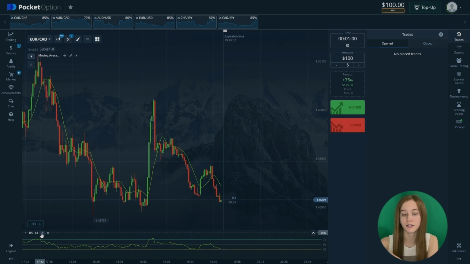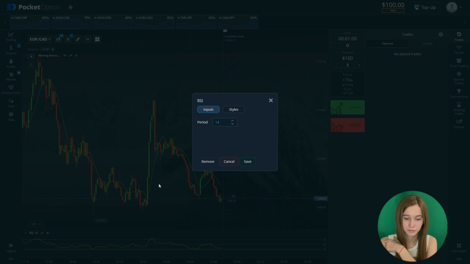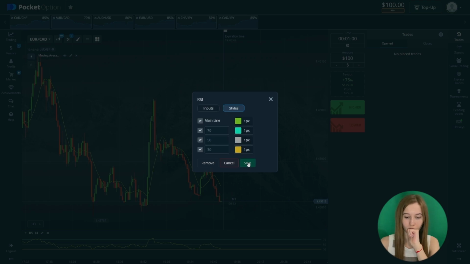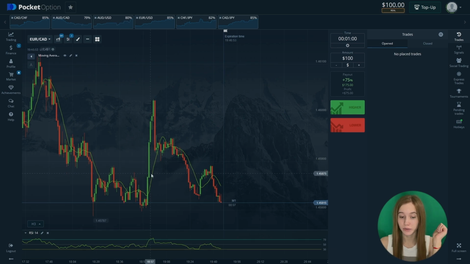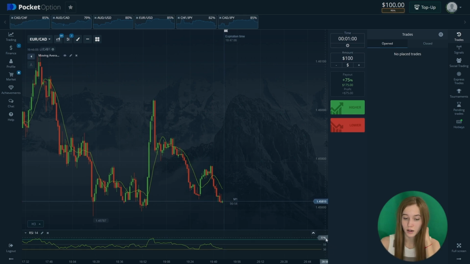RSI, the settings, at the bottom of our screen we see it. This is a tool that measures the ratio of upward and downward movements and standardizes the calculation in such a way that the index is expressed from 30 to 70.